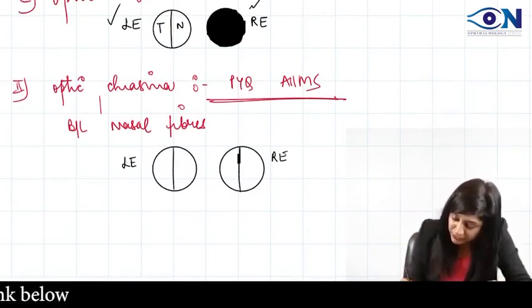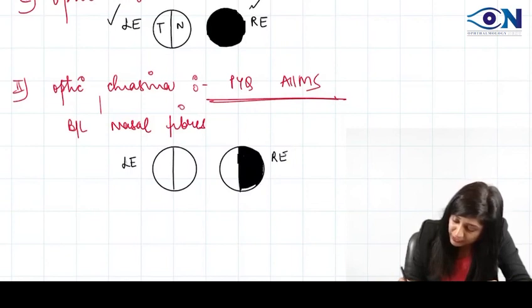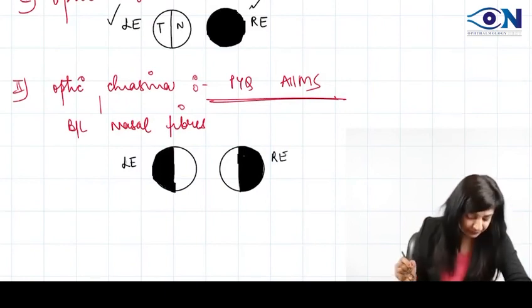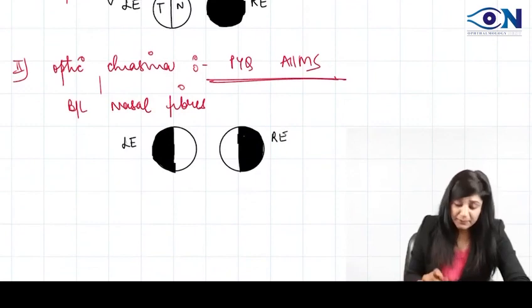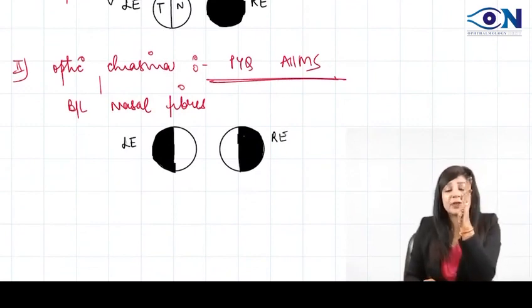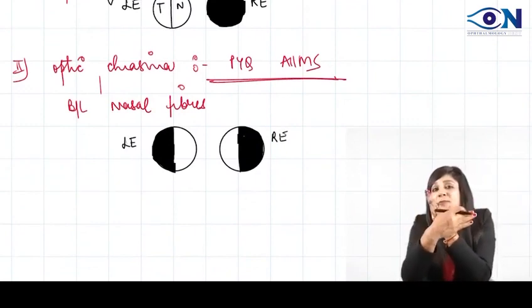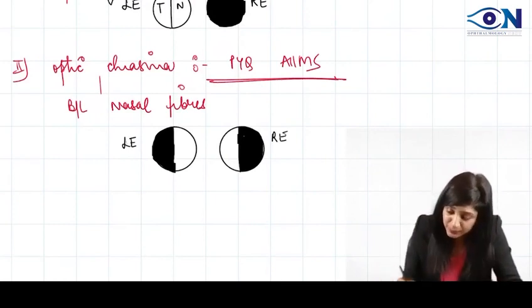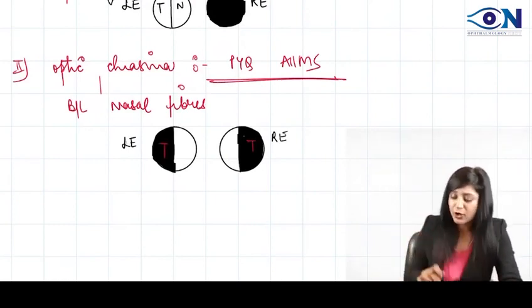Therefore we will have the temporal field of this eye affected and the temporal field of this eye also affected, something like this. Because we are going to get the lesion of bilateral nasal fibers, therefore temporal field of this eye and temporal field of this eye.